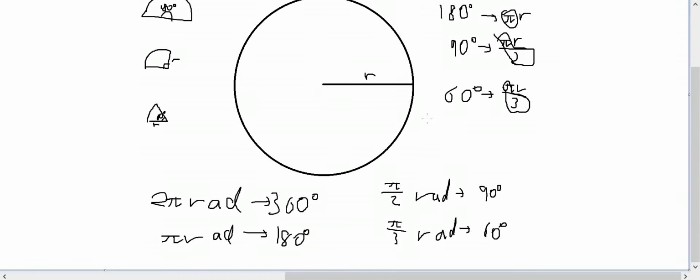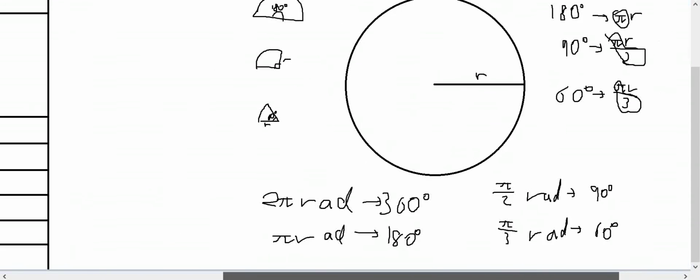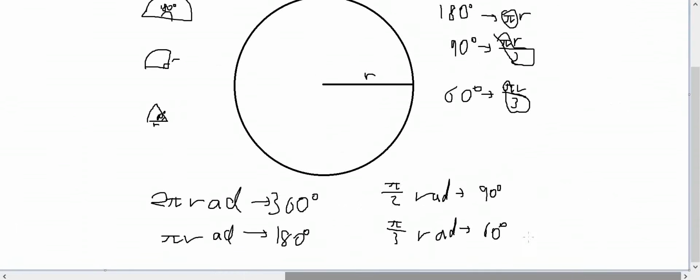Let's say you have a sector of 69 degrees and the radius is r. You're asked to find this length.